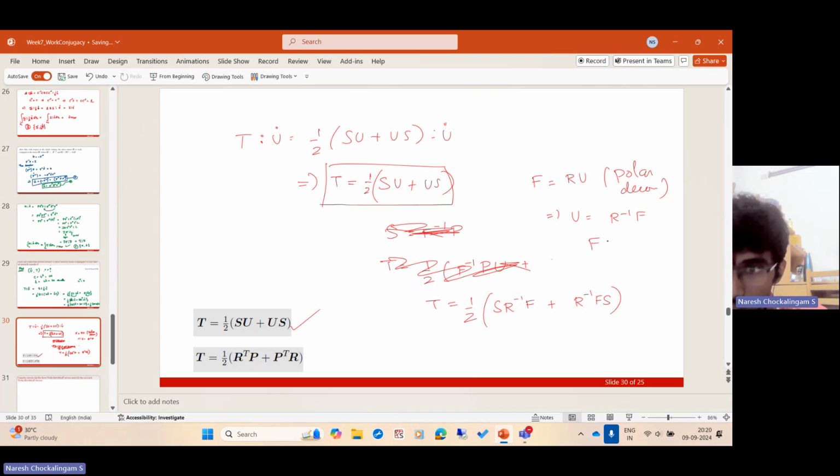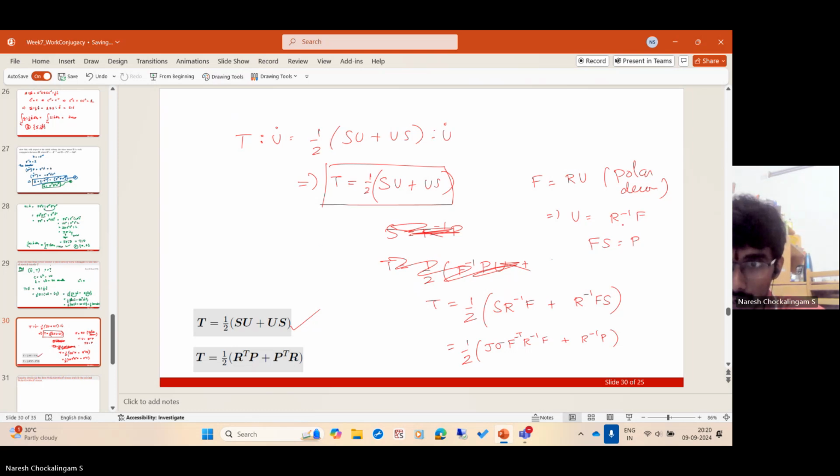Note that Fs is equal to P. And here what do we have? It is half S is J sigma F inverse transpose R inverse F plus R inverse Fs, which is P. And R inverse is R transpose.